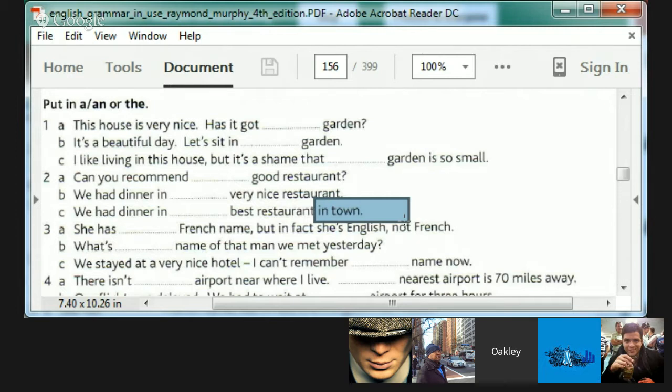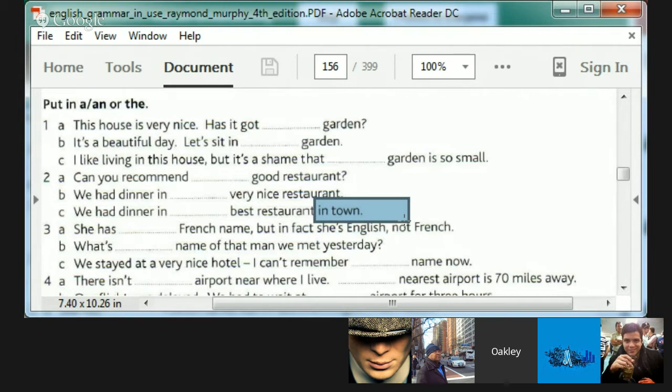Okay. Sometimes we can use town. We had dinner in the best restaurant in town. I can assume they're talking about a town. Now here I really have to assume that they've already mentioned the town. We had dinner in the best restaurant in the town.